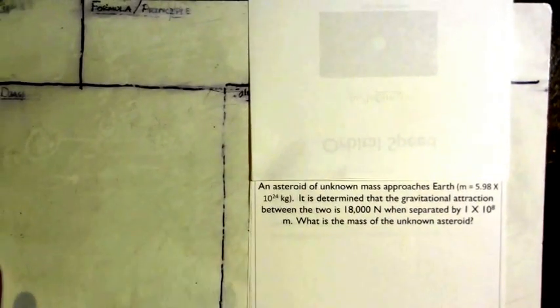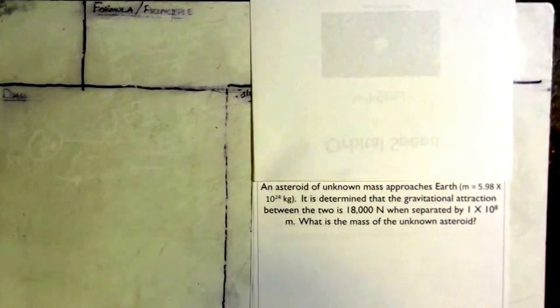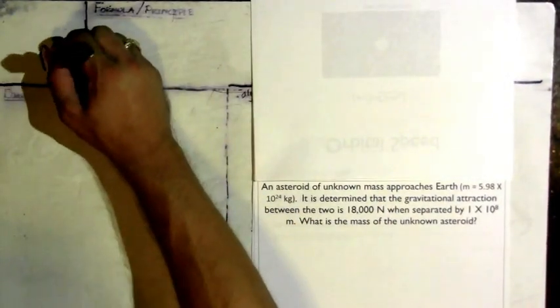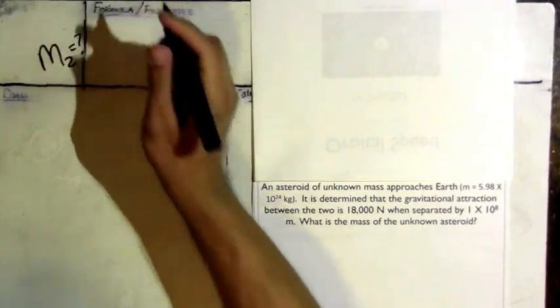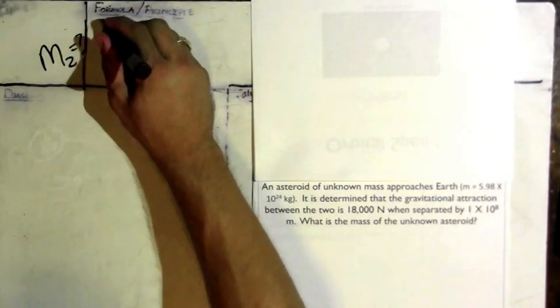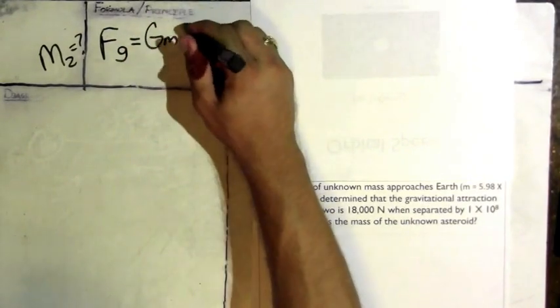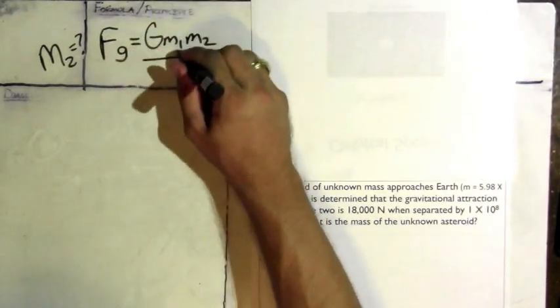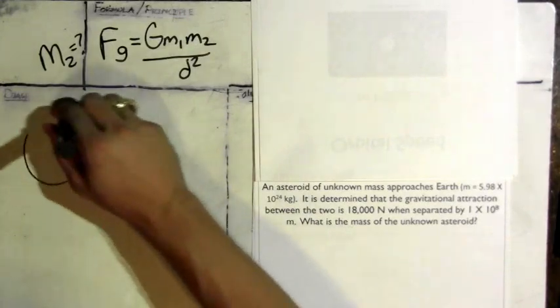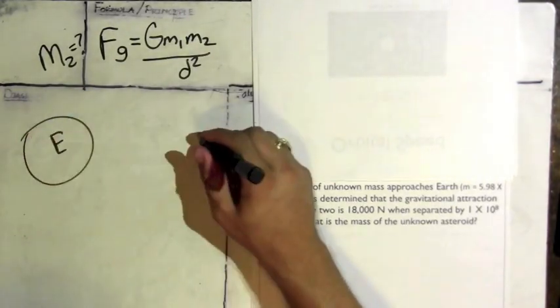There's a little bit easier way that we'll show you a little bit later, but for now, let's go ahead and take a look at this. It says, okay, I want to know mass. I'm going to say that's mass 2. I know that I'm given information that I can make Newton's law of universal gravitation work. So here's the Earth. Here's the comet.